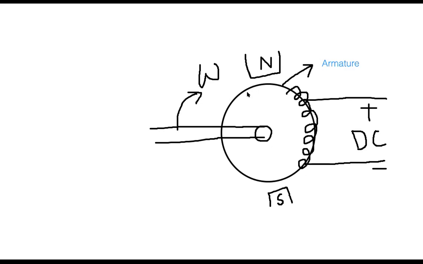So in case of DC generator, here you need some sort of prime mover. Let me write down the term. Prime mover. So prime mover means who will make the rotation. Now you can use your own hand, okay, let's use my hand and make it rotate.